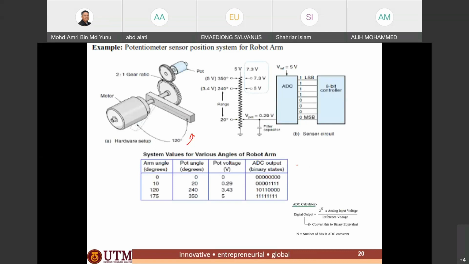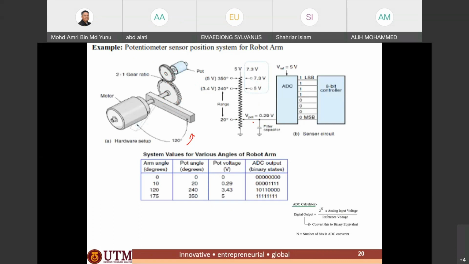This is another example of position sensing using an angular movement potentiometer. This application is used to detect the angular movement or angular displacement of a motor, and a gear ratio is used so that the ratio of the movement of the potentiometer is reduced.